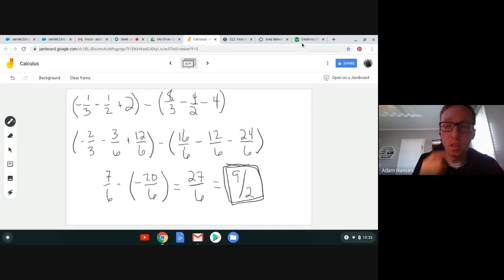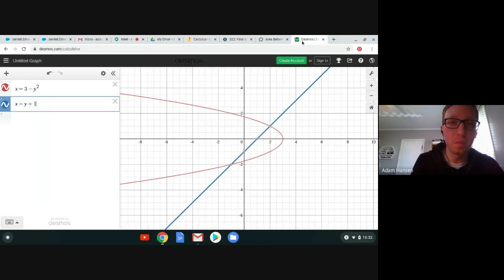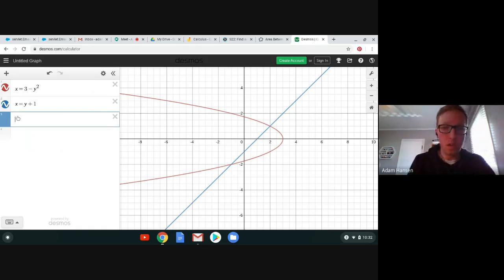All right, 9 halves. We can use Desmos to confirm our answer. I want the definite integral between -2 and 1 of quantity 3 minus y squared minus y plus 1 dy.